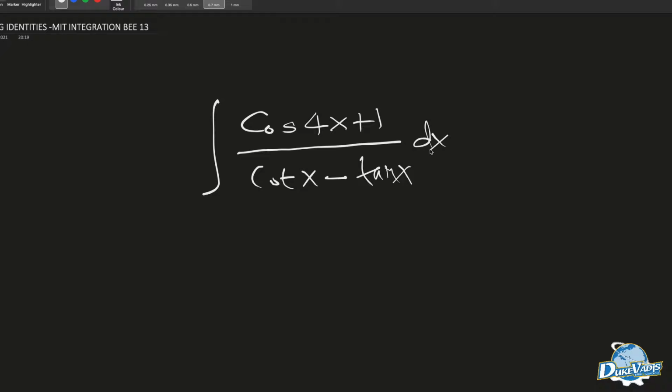If we look at this question, what comes into my mind, since I've seen cos 4x, is that I can break it down using the trigonometry properties, because I know that cos 2 theta is given as 2 cos squared theta minus 1.